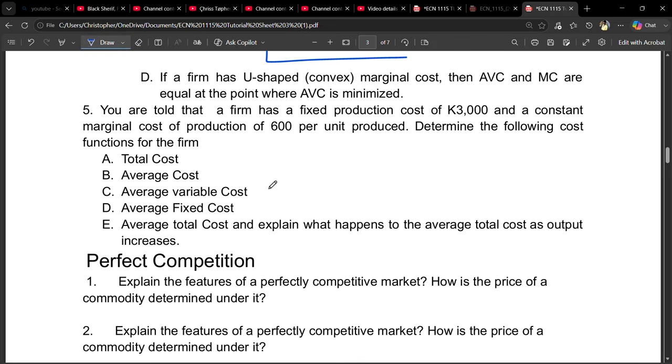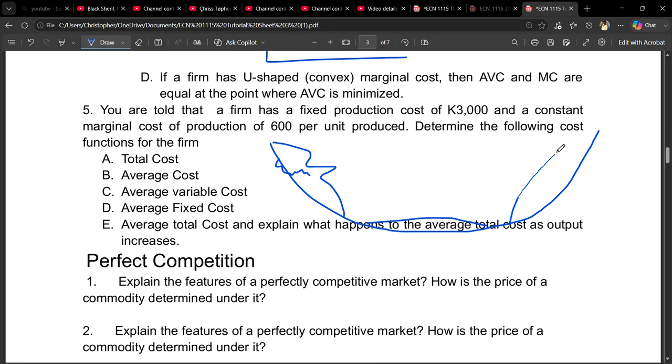So there are three stages: economies of scale, constant returns to scale, and diseconomies of scale. At first it will be like that, then it will go like that, go like that. So here it will be going down because of economies of scale. It will be constant because of constant returns to scale. It will be increasing because of diseconomies of scale.